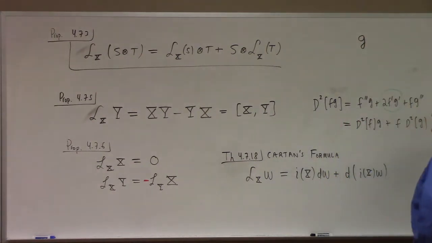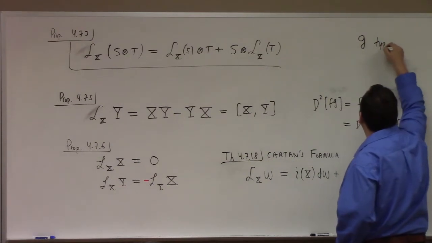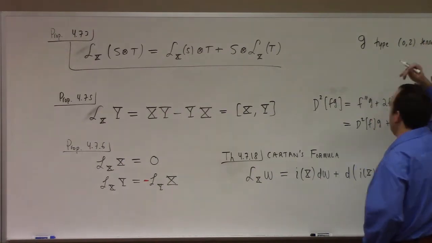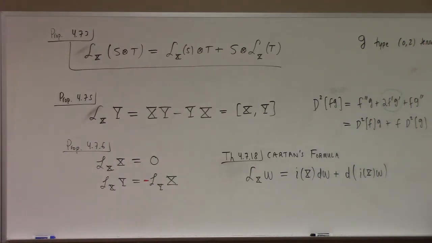And this metric tensor we're going to study in chapter 5 is going to describe distance, all right? And the metric tensor is a type (0,2) tensor with specific properties. The one I just erased here was an example of that. That's the metric tensor on the plane.